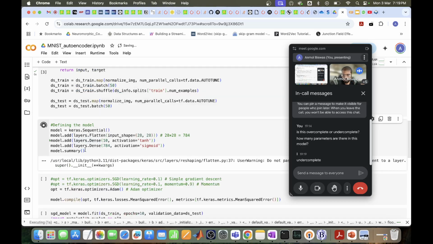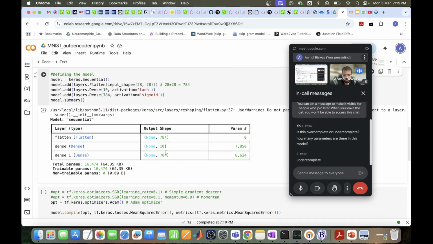We define the model, and once you define the model, it will tell you how many parameters there are, which is fairly straightforward. You have 10 by 784, which is 7,840 weights, plus 10 biases, so 7,850 parameters.